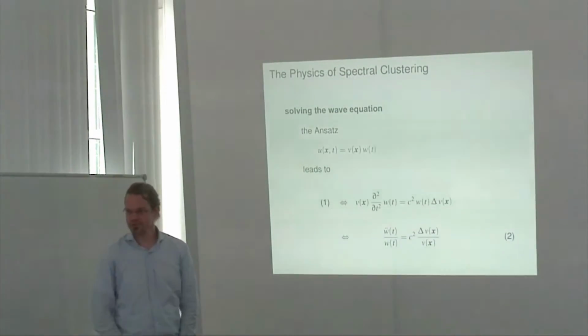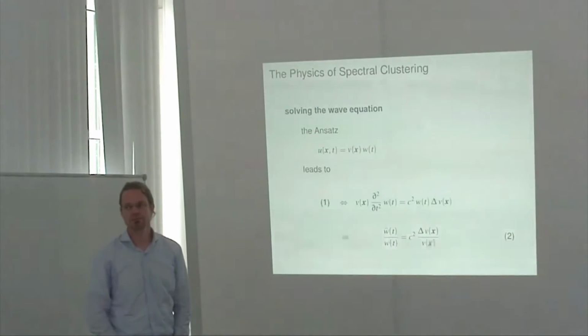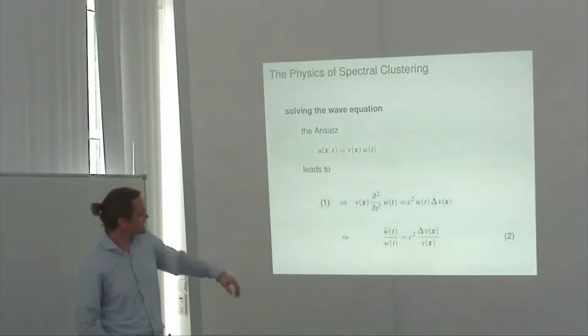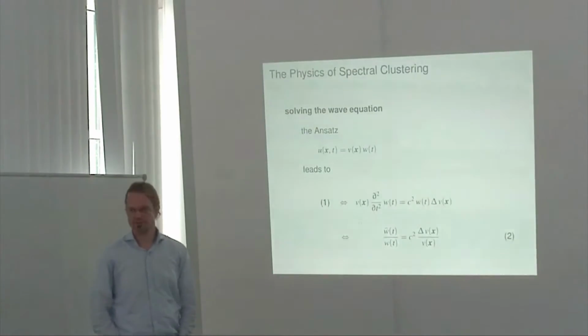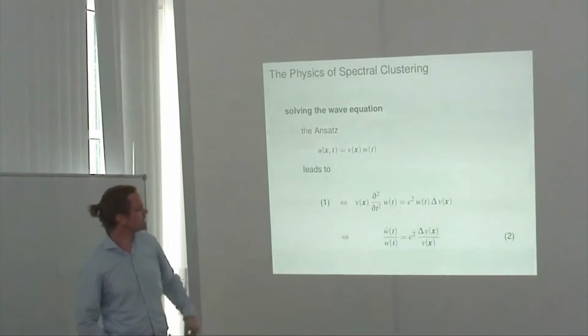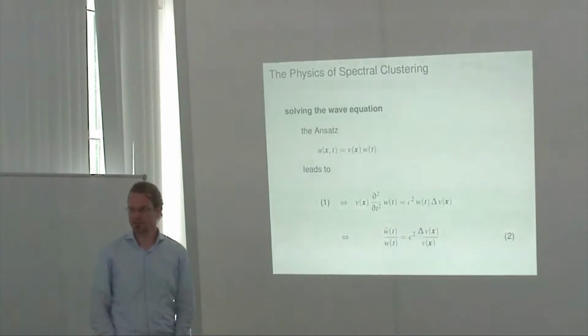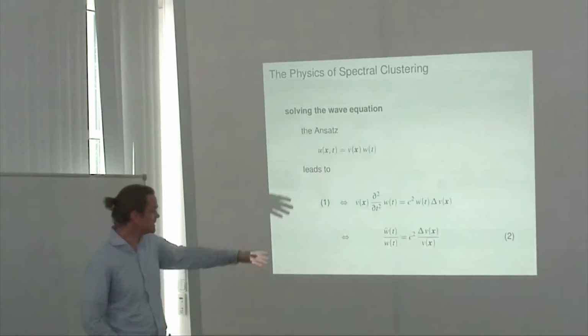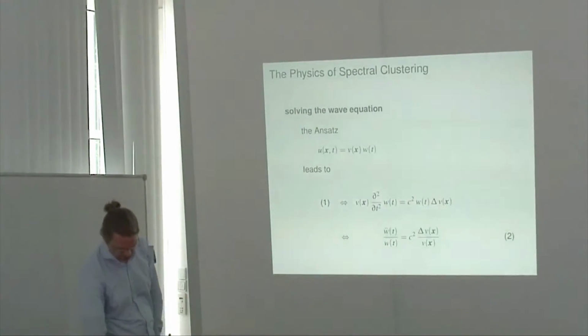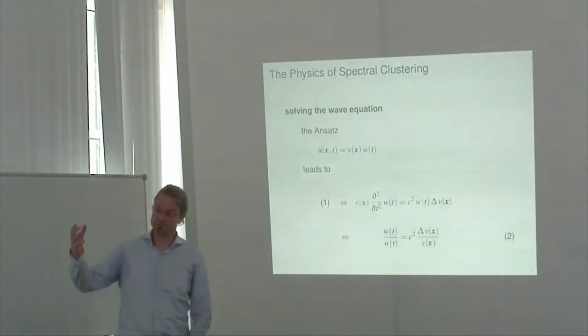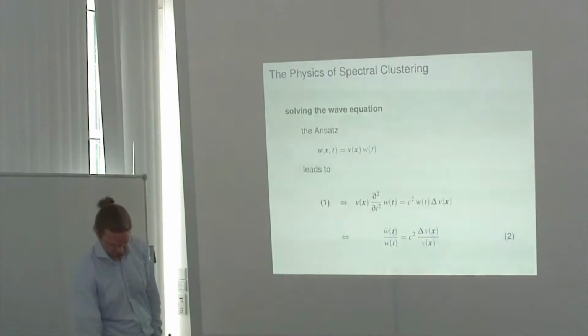Let that burn into your brains for a second. On the left-hand side, there is something that involves this w, and on the right-hand side, there is something that involves x, or v, I should say. w is a function of time, and v is a function of space.